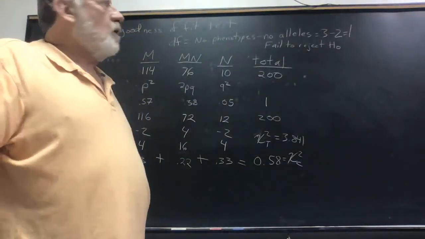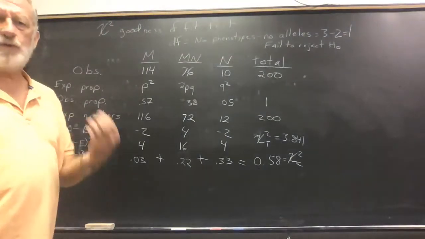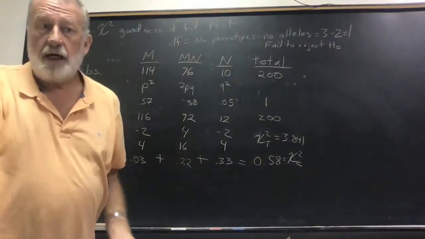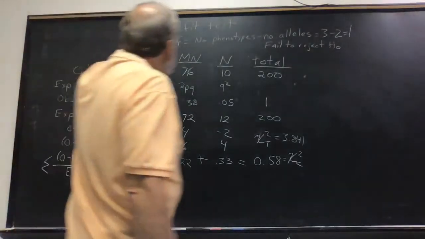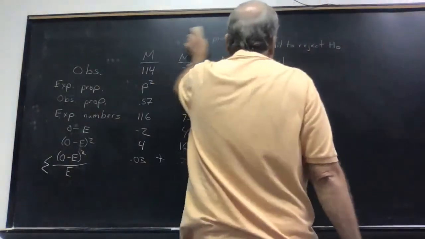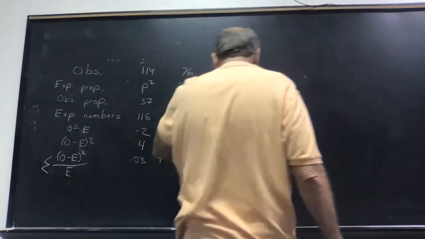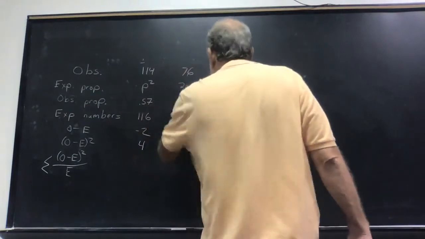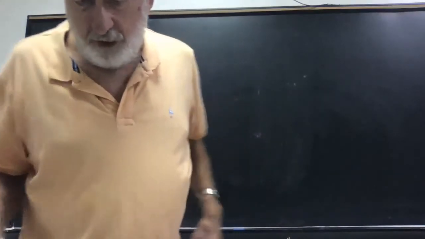Now, sometimes, though, we won't know the genotypes of all the individuals, we'll just know phenotypes. So let's look at a problem, and I'll show you how to solve it that way. But first, I need to make some room on the board. So here, there's a certain disease.